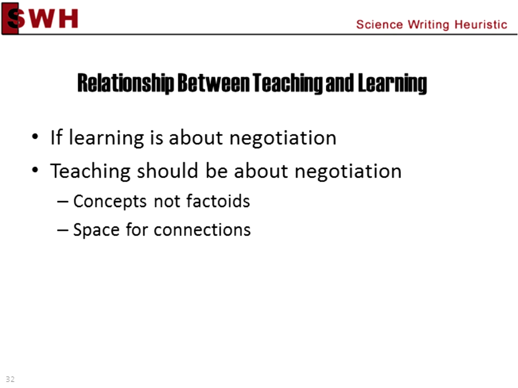And we think of teaching as dealing at the conceptual level and the big ideas, not the factoids. Those are the ornamentations that come along later, but we try to build from the concept first, from the big idea, and then create a lot of space for learners to engage with information, experiences, to make connections.